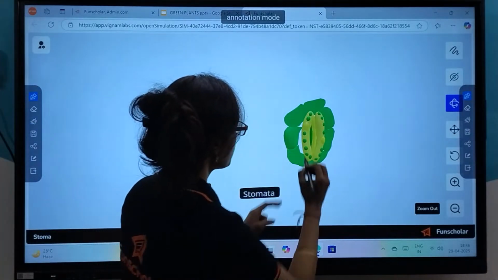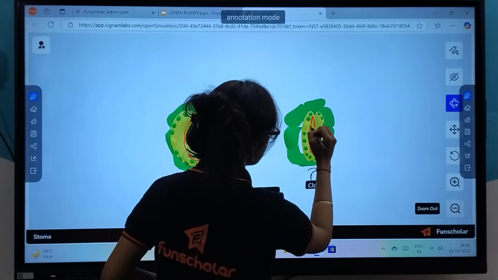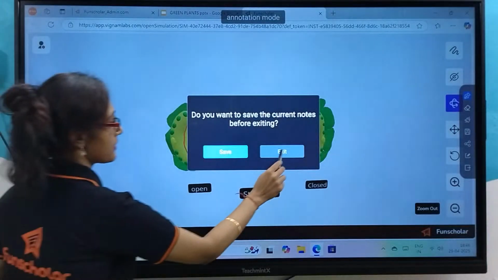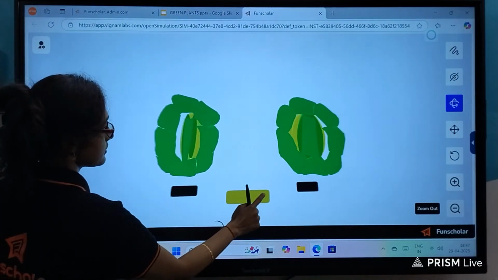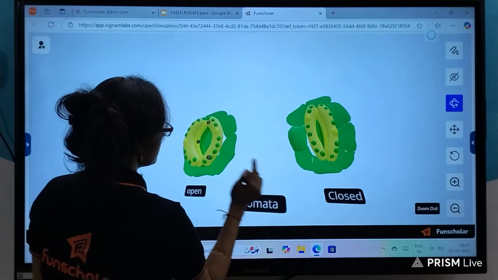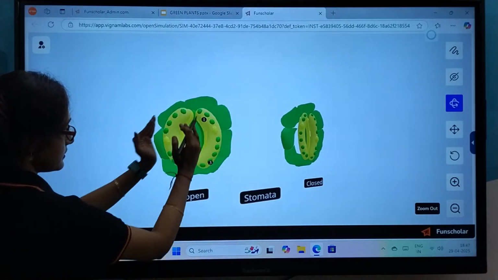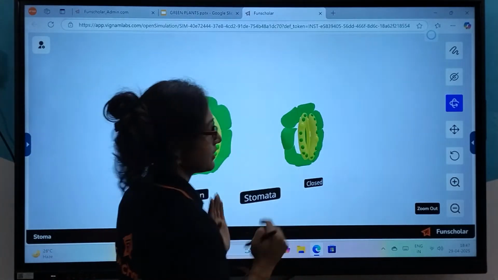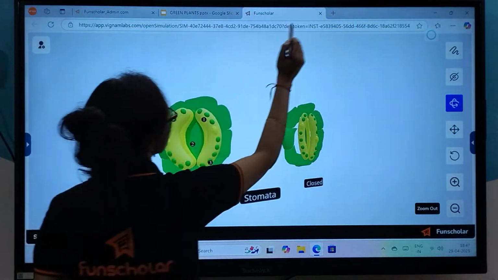But when it is closed, see, the thickness reduces, right? See, if it is opened, it's been like opened, closed, opened, closed. I think you'll never forget this again. Okay.